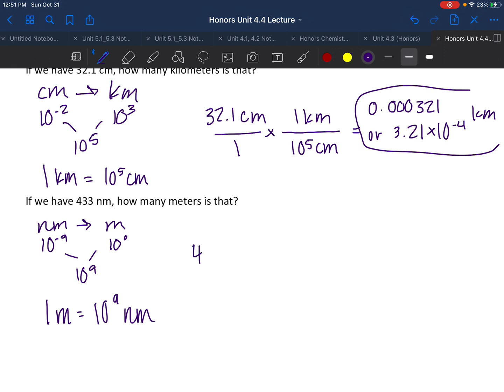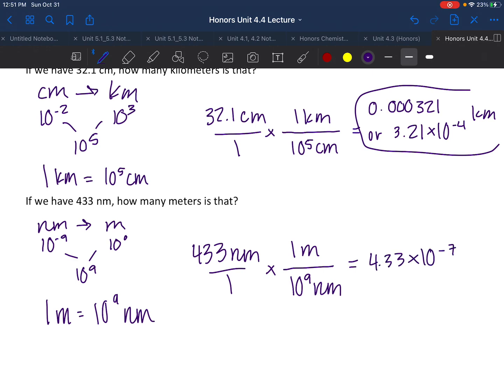Starting our problem, 433 nanometers over 1. We are going to multiply that by 1 meter over 10 to the 9 nanometers. Again, we're taking 433, dividing it by 10 to the 9th, and we end up getting 4.33 times 10 to the negative 7th meters.